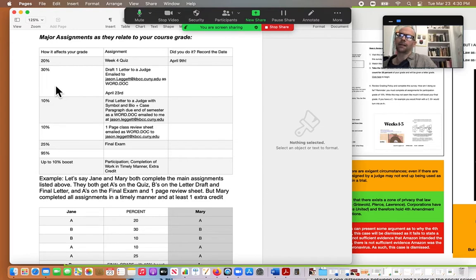And in the last 2 semesters, students have done really well with this assignment. So this is where I really want to put the majority of your weight. The final exam and the quiz are just making sure that you're keeping up with the concepts. And then I leave the extra 10% to help boost you. It is really technically only 5%, but I'm giving you a 5% boost on top of that 5%.